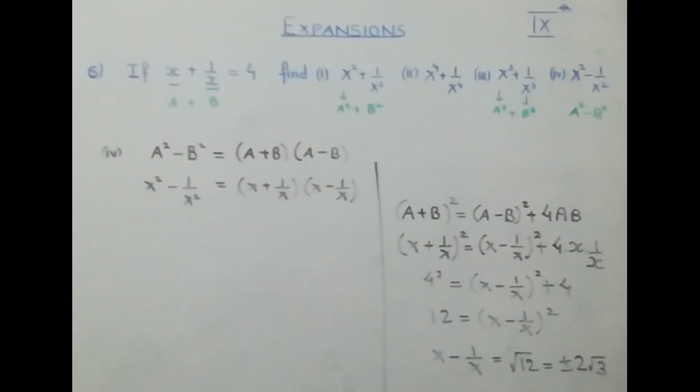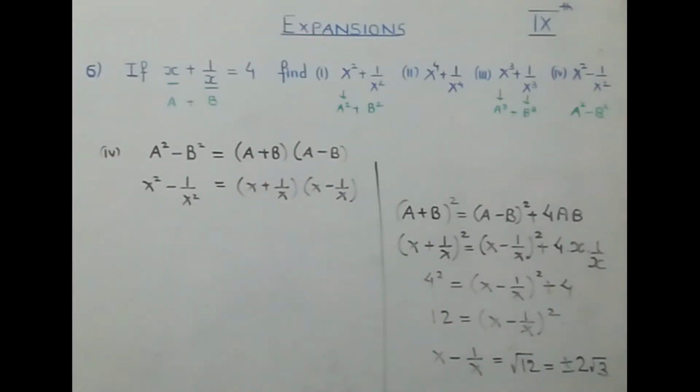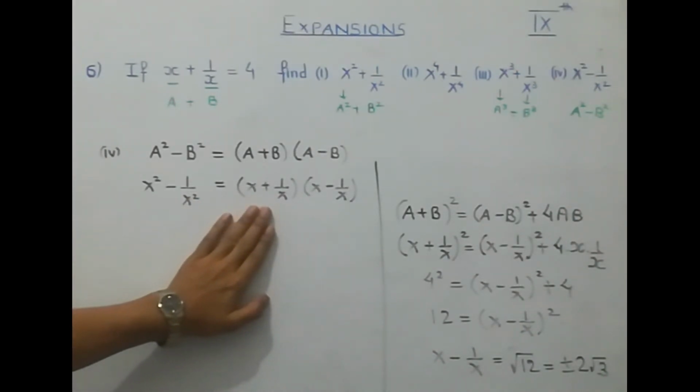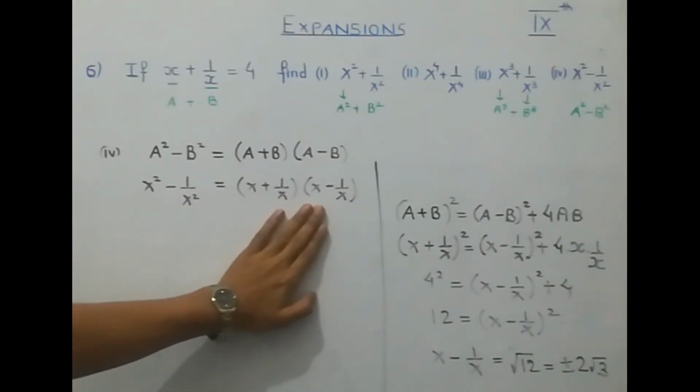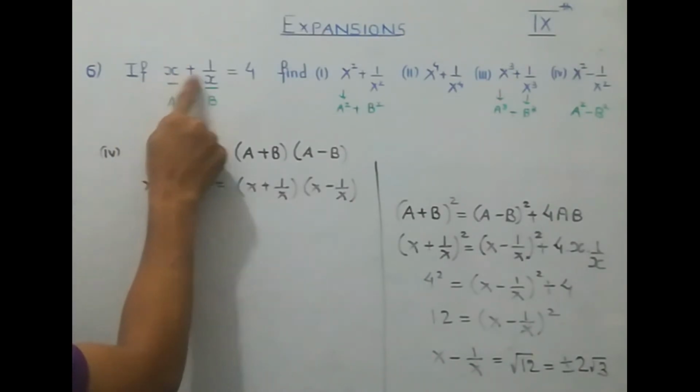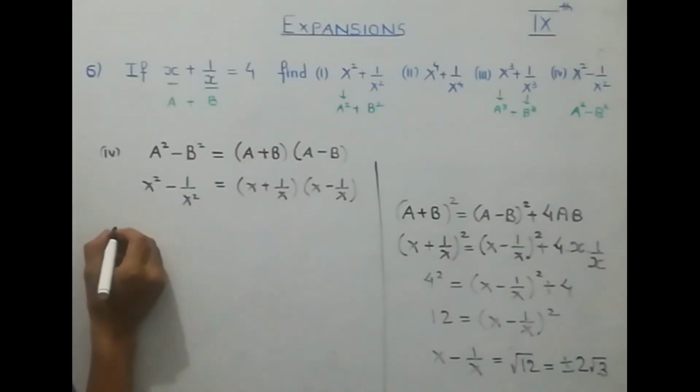Now in this question it was necessary for us to find x minus 1 upon x, because we need to find x square minus 1 upon x square, and for that x plus 1 upon x and x minus 1 upon x both are needed. So we have got x minus 1 upon x and x plus 1 upon x is already there.